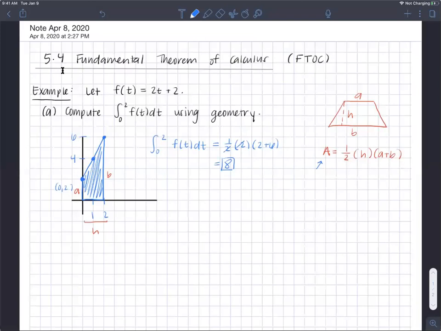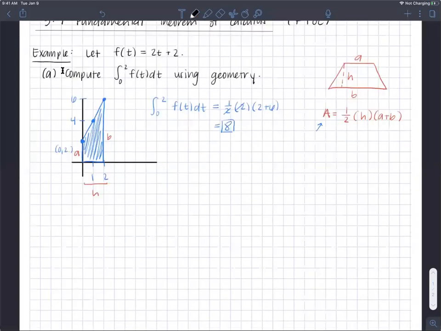Let's do that one more time just in case you're still a little confused. Instead of doing from 0 to 2, let's see what happens if I change it from 0 to 4.